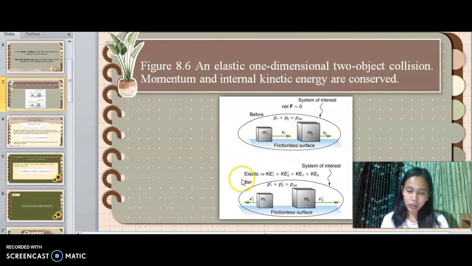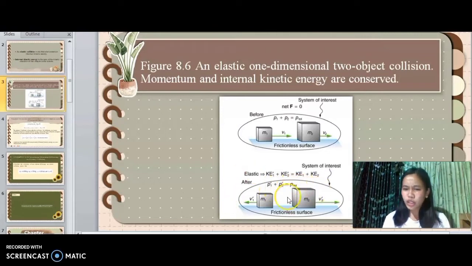Next, after the collision, the formula would be kinetic energy prime 1 plus kinetic energy prime 2 equals kinetic energy 1 plus kinetic energy 2, since after the collision, the internal kinetic energy is conserved. So our momentum would be P prime 1 plus P prime 2 equals P total.